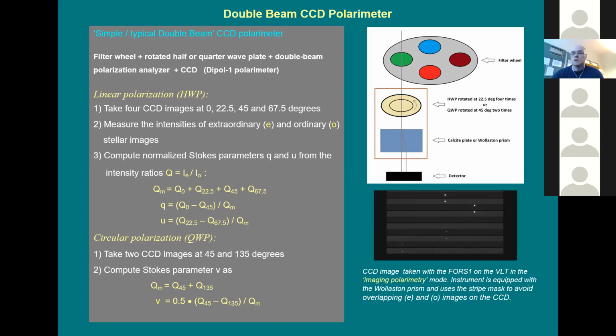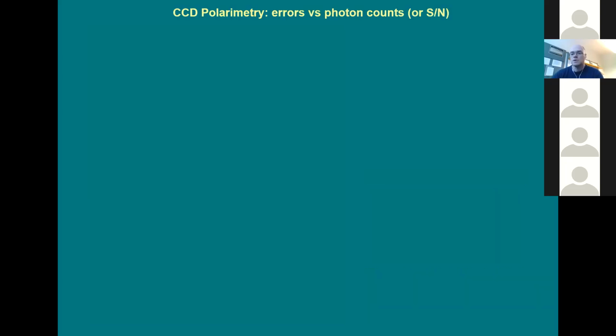Okay, because my talk is focused on accuracy, I will say a couple of words about the most important factors which affect accuracy of polarization measurements. First of all, of course, these are the photon counts, signal to noise. So the accuracy depends on these two factors.